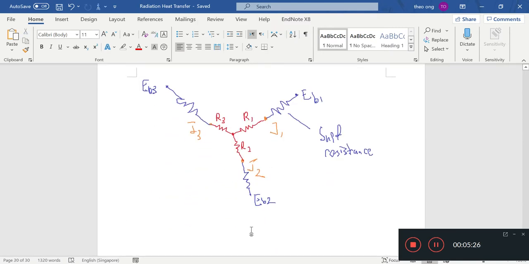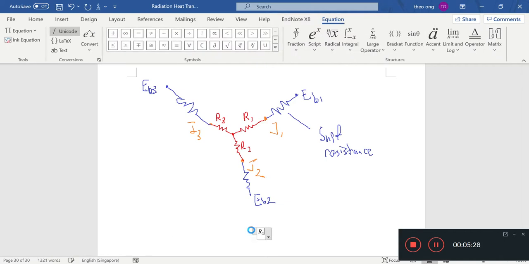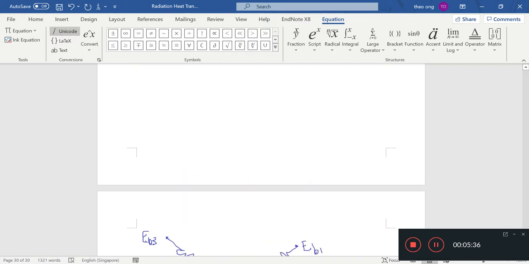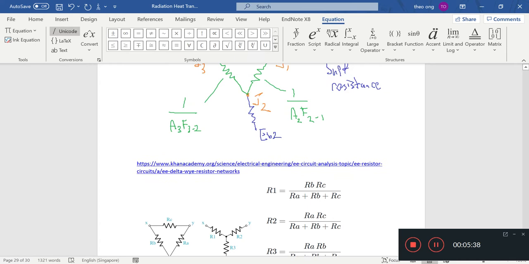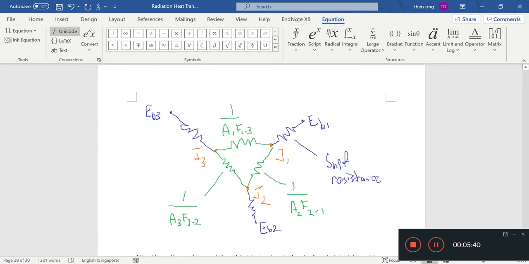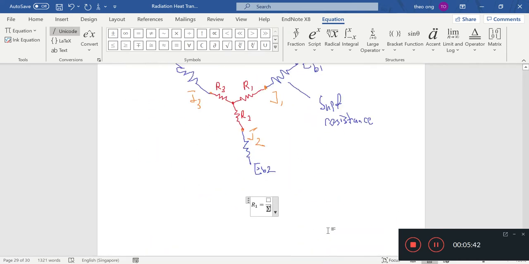So, okay, what is R1? That's equal to the sum of all three. Sum of all three, what do we call that? Space resistances. So, maybe I'll just write that down, since I can copy and paste later on. 1 over A1 F1 to 2.